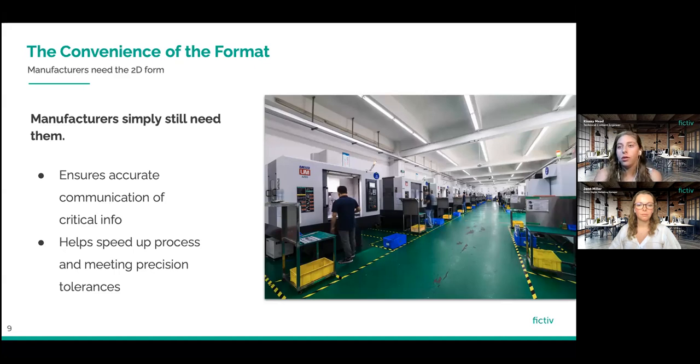Even if you have started utilizing model-based definition and making those annotations within your 3D model, not everyone has the software or the know-how to download and actually utilize those model-based annotations. So it's still super important to have a 2D drawing to communicate that critical information, help speed up the process, and make sure that you can meet those precision tolerances that will make your part perfect.